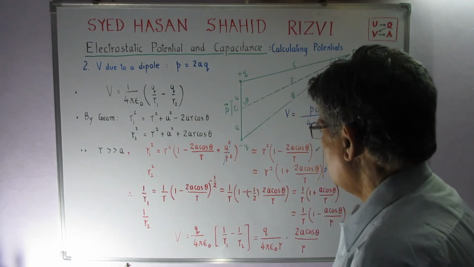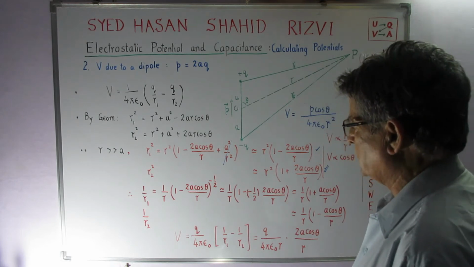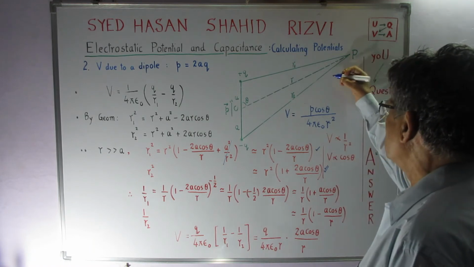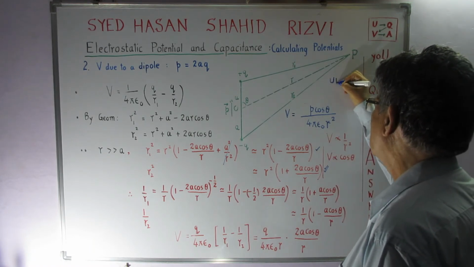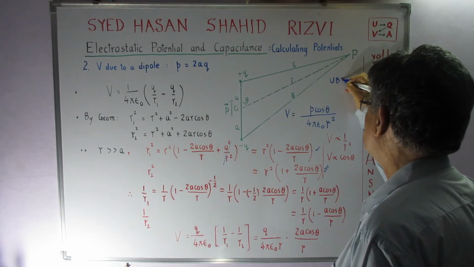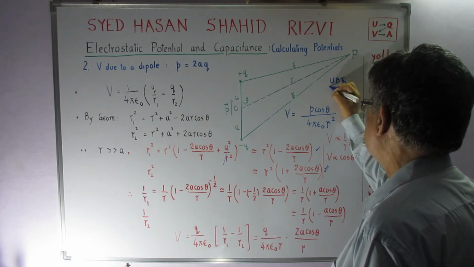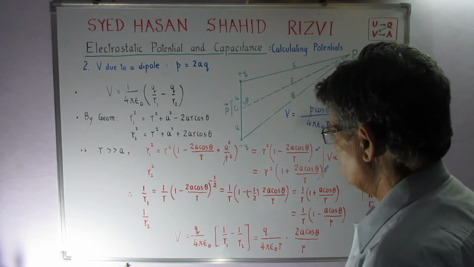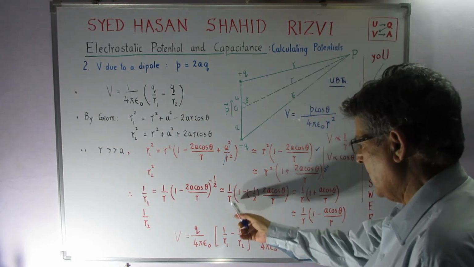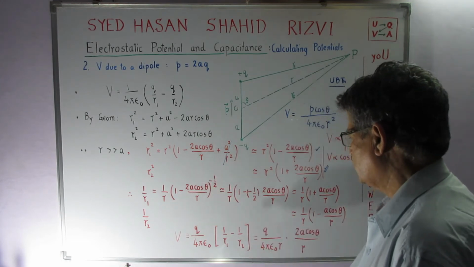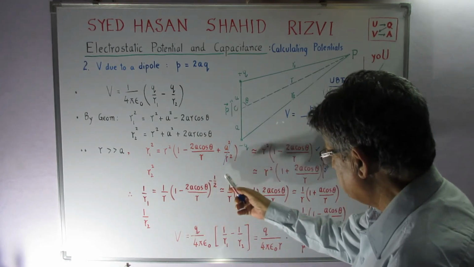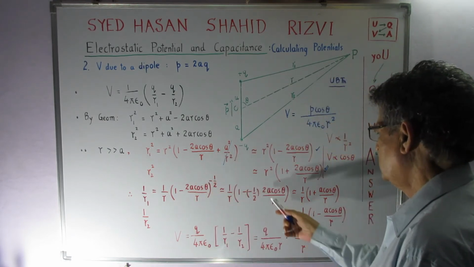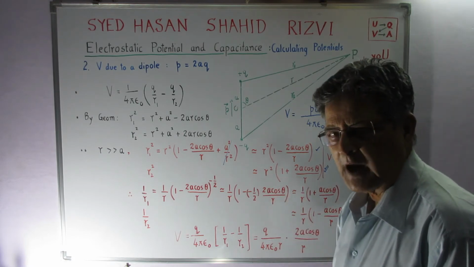Using the binomial theorem as a linear approximation, I will get 1 upon r as it was, 1 minus the power minus half into the argument 2a cos theta divided by r.